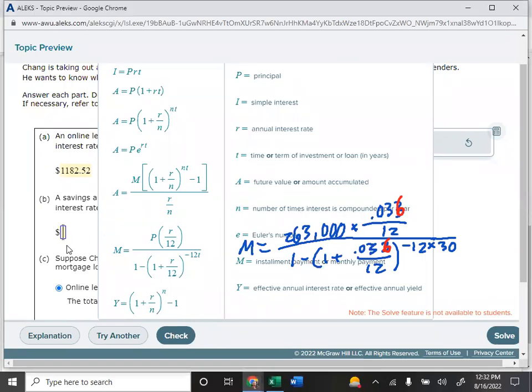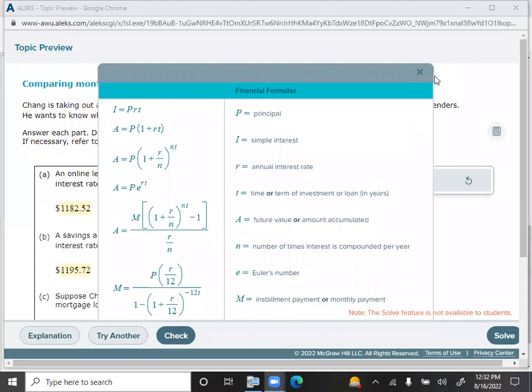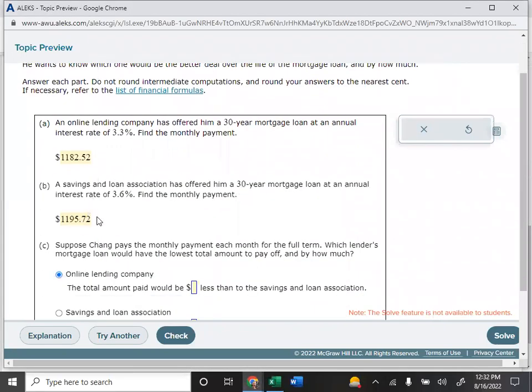Of course, there's more interest being charged against you: $1,195.72. Okay, we're done with that one. So yes, it's going to cost a little more each month, an extra, what is that, $14.20, something.